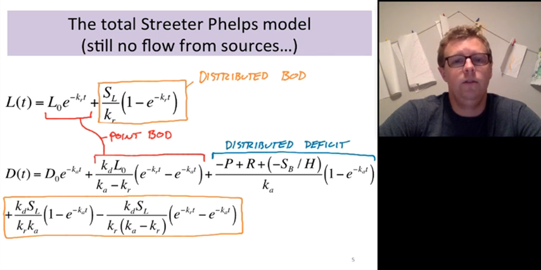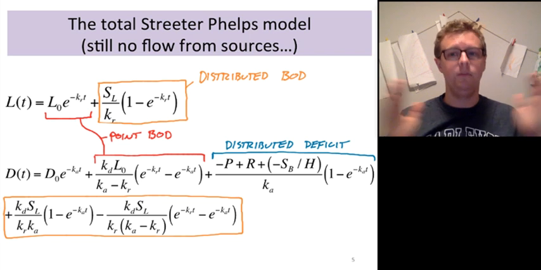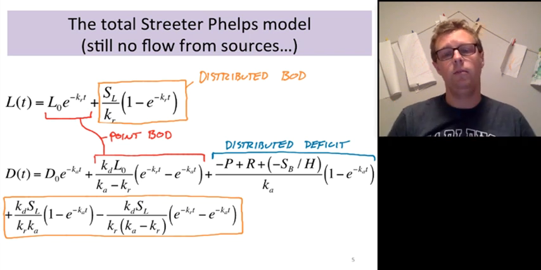You've got a system with no point sources of BOD, take the red terms out. You've got a system with only distributed deficit, keep only the blue terms. So these equations are meant to be large, they're meant to incorporate all of the different processes, and then as you need them, you can simplify them down and only keep the terms that are applicable to your problem.